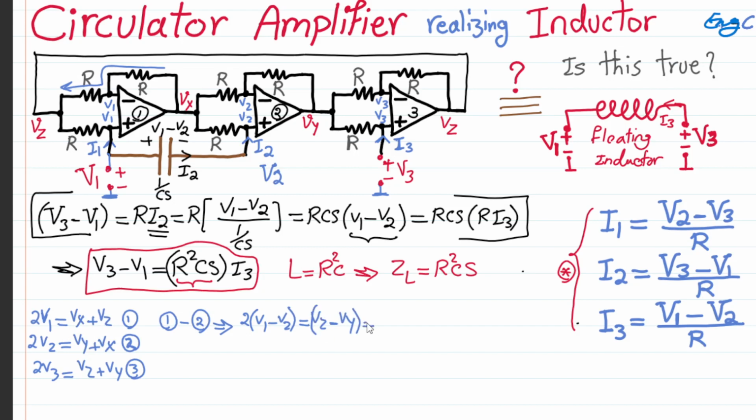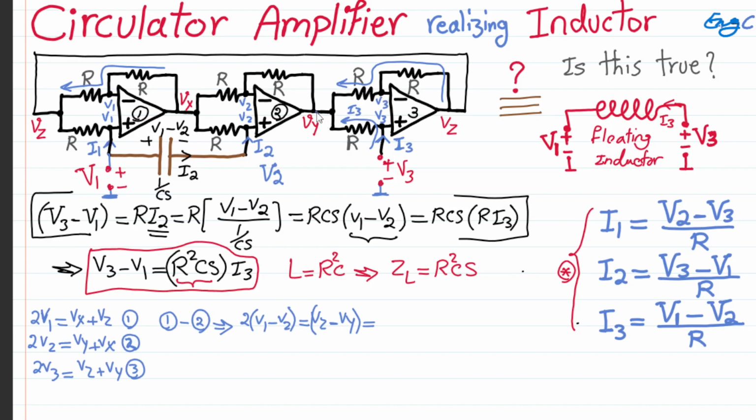Now, one outcome here is that Vz minus Vy is basically the voltage drop across these two resistors because they are in series effectively. The current flows through them in series. Nothing goes to the input terminal of an ideal op-amp. So therefore, Vz minus Vy is 2 times R times the current, but that current is the same as this current, which is I3, because this resistor is R, this resistor is R, and they have the same voltage across them.